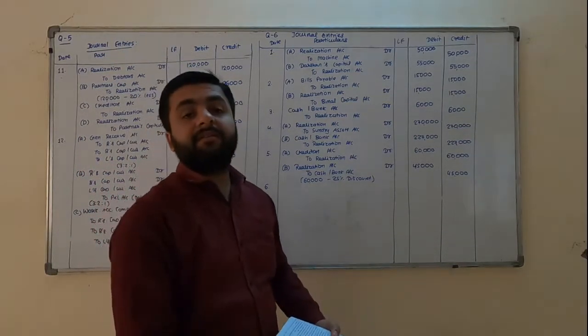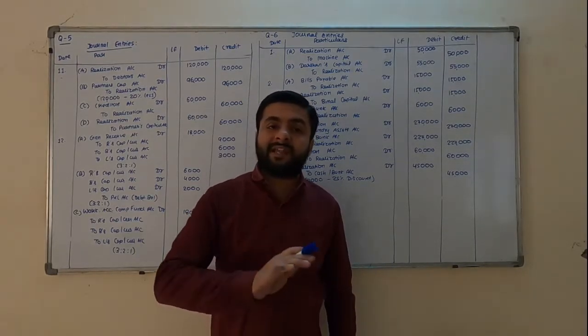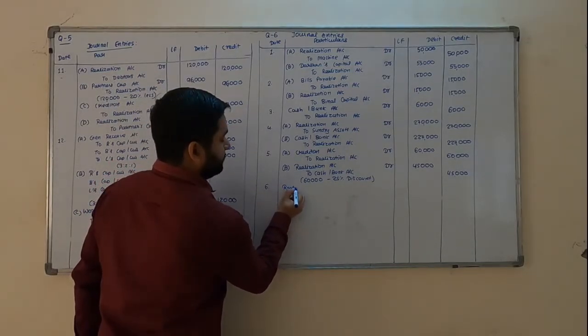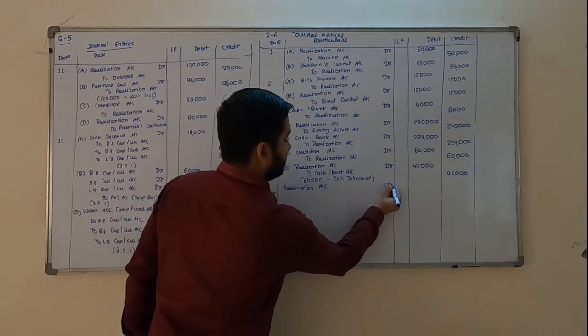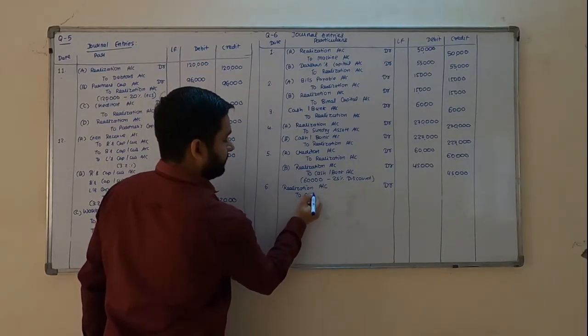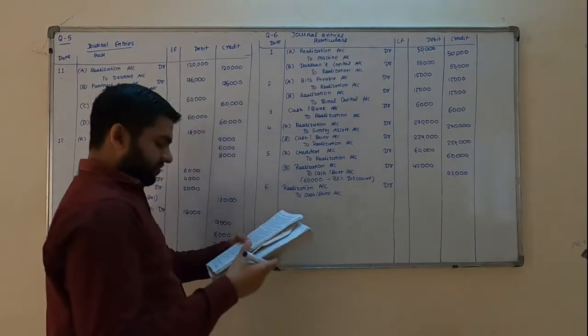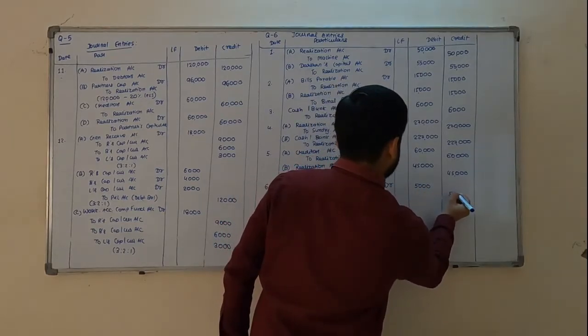Unrecorded tax is paid. See, an unrecorded expense is paid, so we don't have to close that expense. Directly we have to pay: realization account debit to cash bank account 5,000.